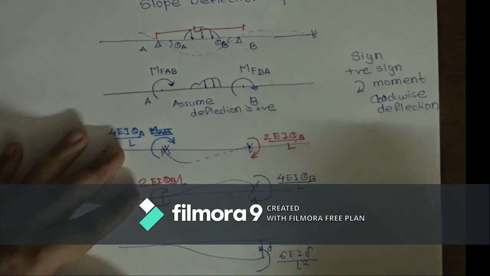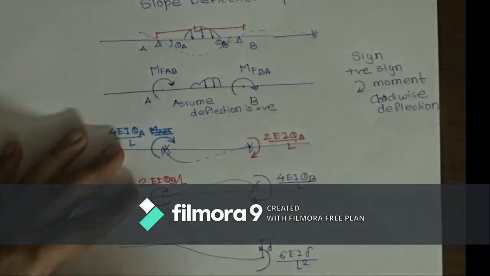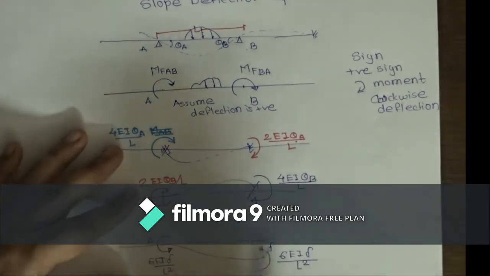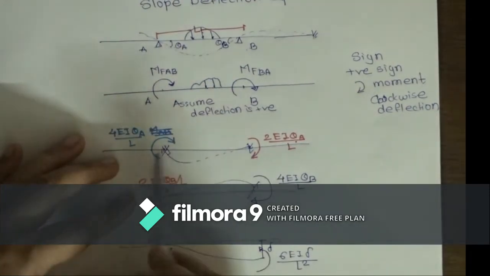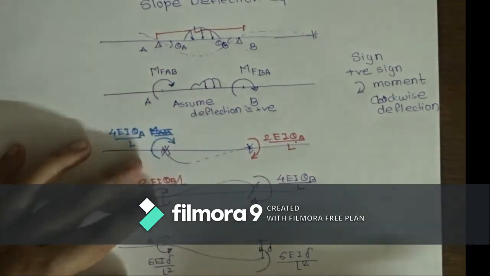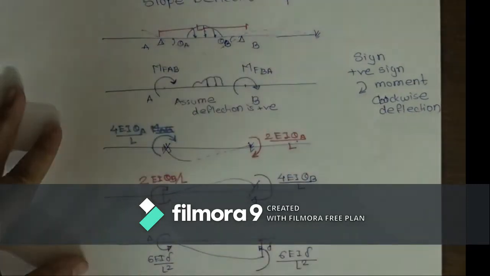Again L is the span between the support A and B. The same amount of moment is generated at point A, 6 EI delta upon L square. Now this moment and the other points we have derived in the previous lecture.